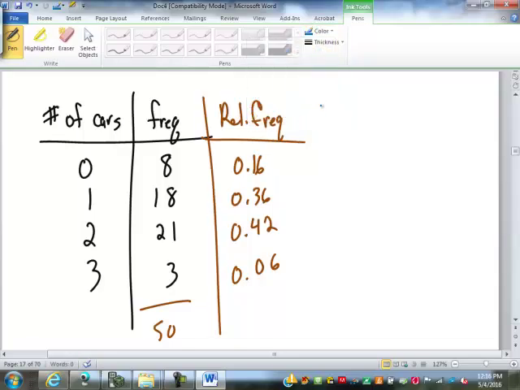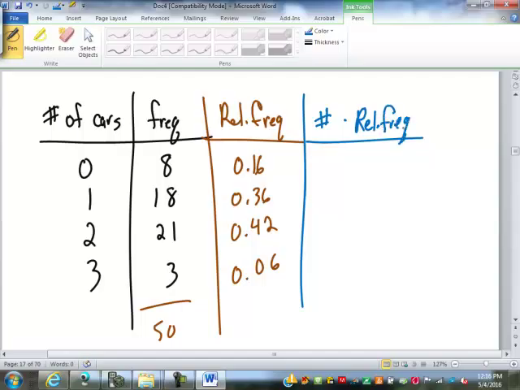Now to find our mean, we're going to do the number times the relative frequency. Remember that relative frequency is also a probability. What we have right here with those two columns is a probability distribution, using historical data. 0 times 0.16 is 0. 1 times 0.36 is 0.36. 2 times 0.42 is 0.84.